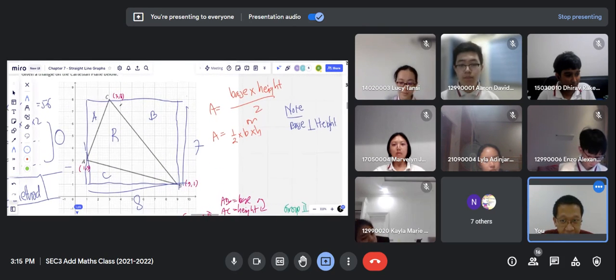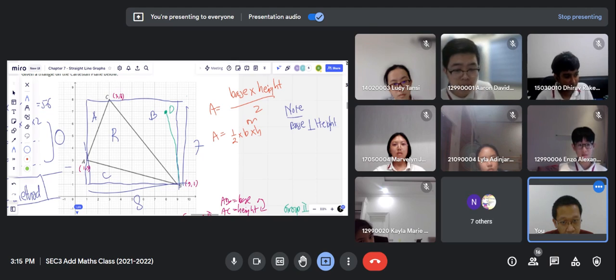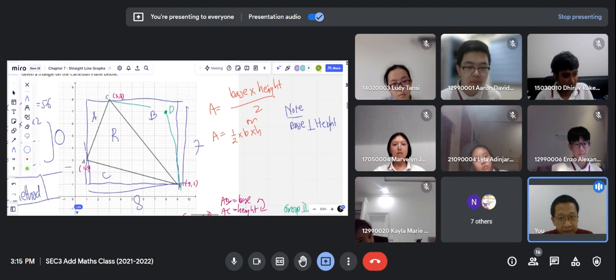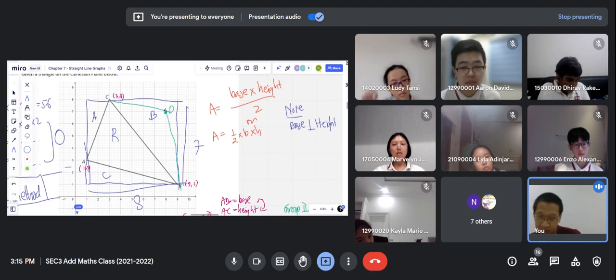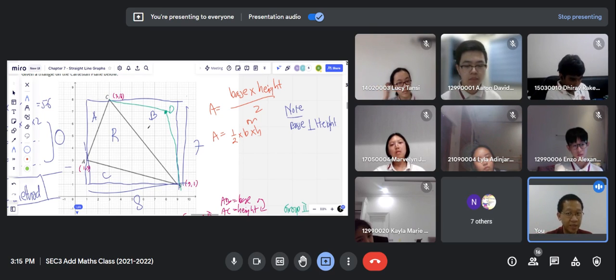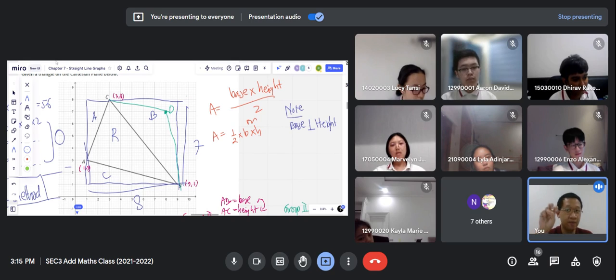Where is 8, 7? 8, 7 is somewhere here. So this is the point D. In such a way, you could create a quadrilateral. And then the question is, can the method that we use, this boxing method, still be used?